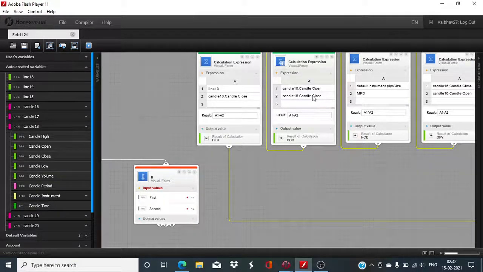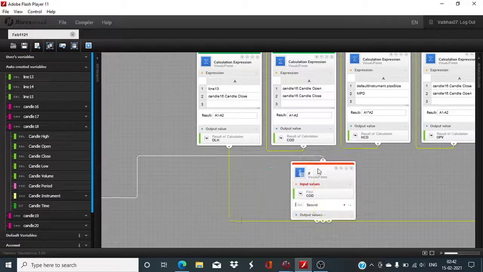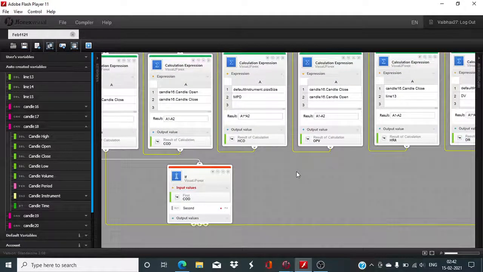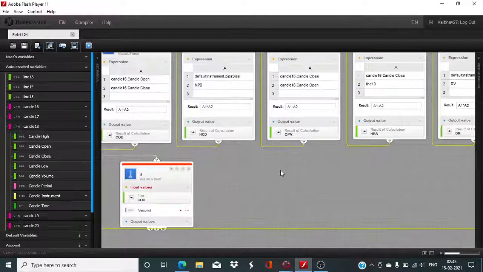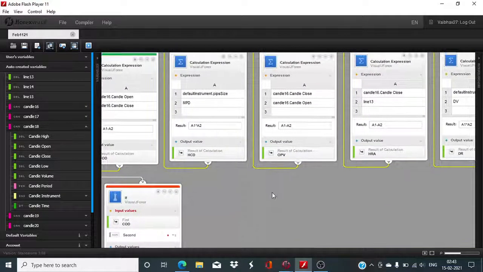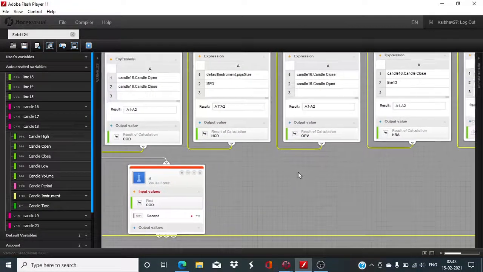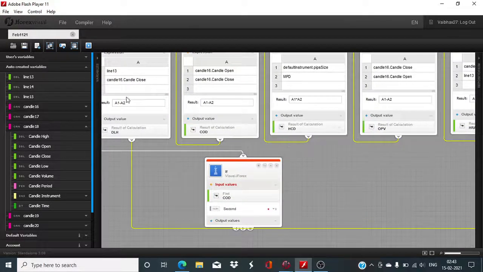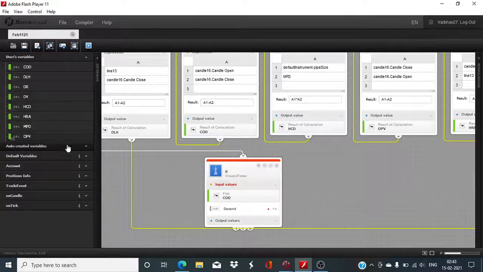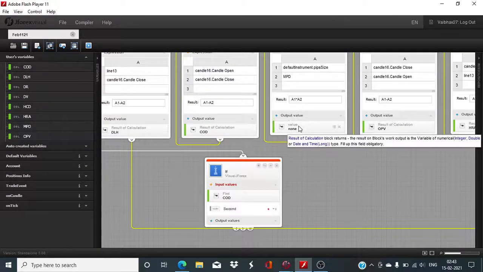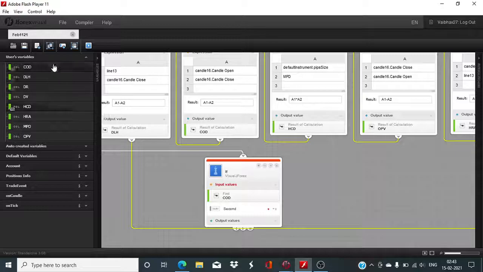and first what we will do is compare this closing opening difference for candle 16 with the result of the calculation with 5 pips.